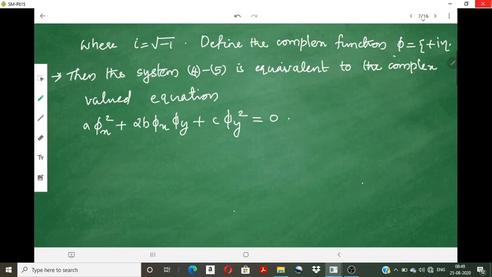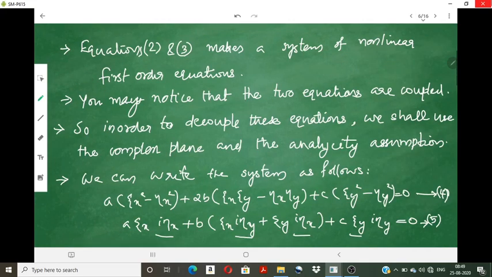Now the system 4 and 5 is equivalent to the complex valued equation A phi x square plus 2b phi x phi y plus c phi y square is equal to 0. When we expand this equation, we can verify that this is none other than the two equations 4 and 5.